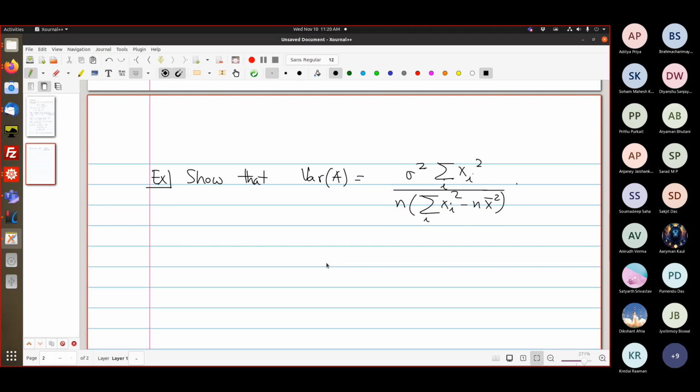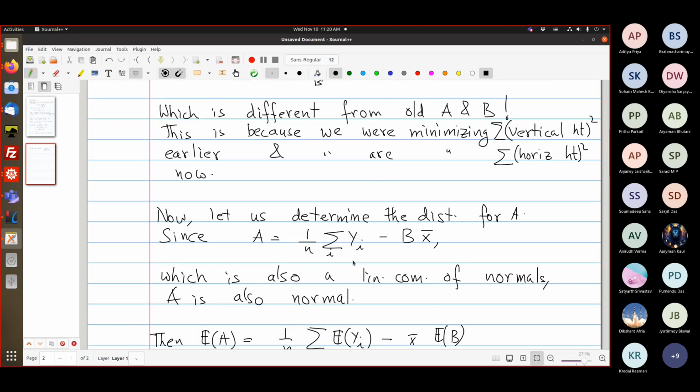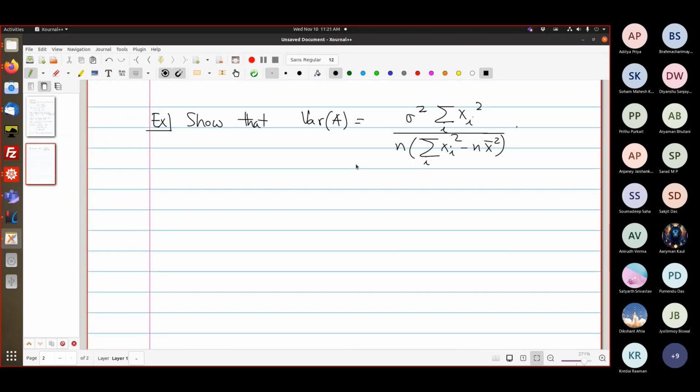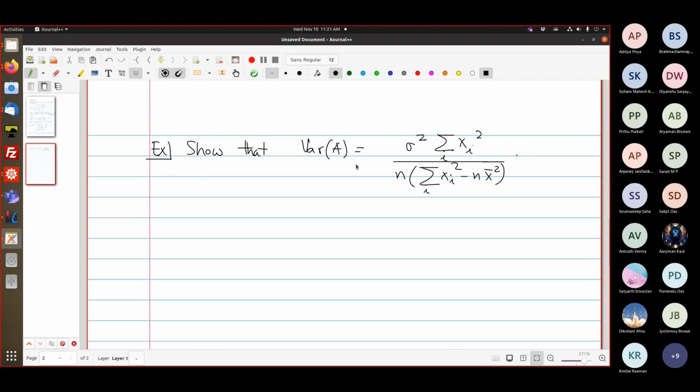Okay, so you can use the same formula. We know variance of b, we know variance of yi's, but b and yi's are not independent. So you have to be a little careful in this calculation. I leave it for you to check. So please do that. Okay.